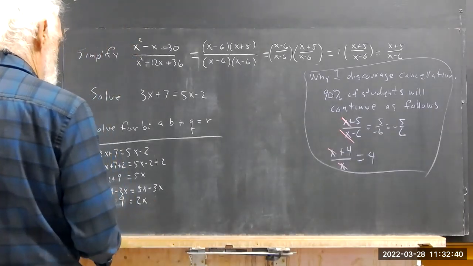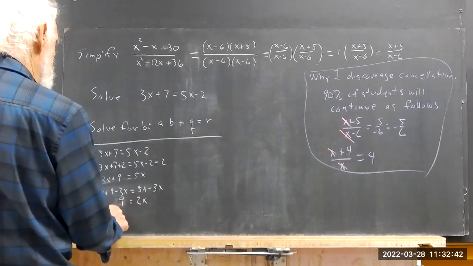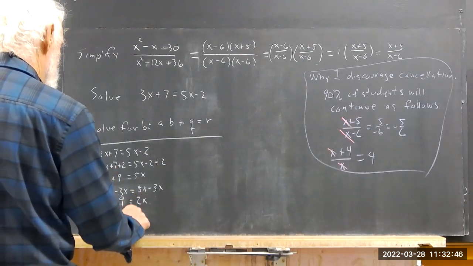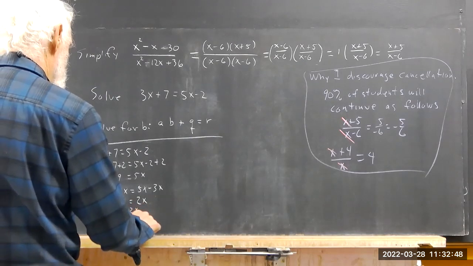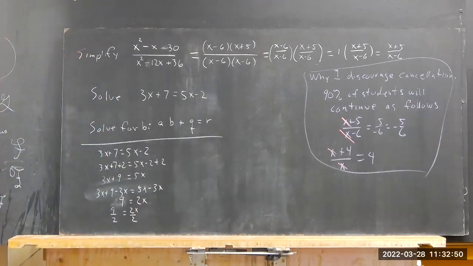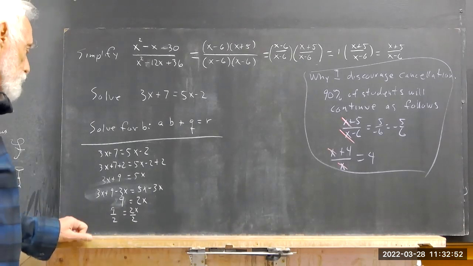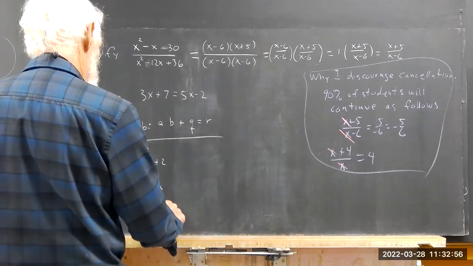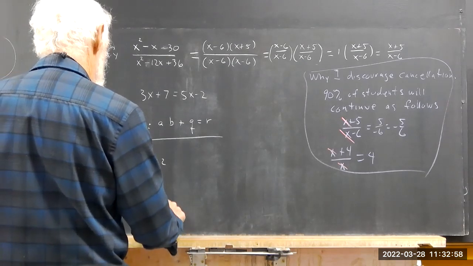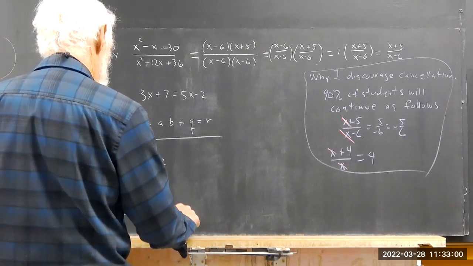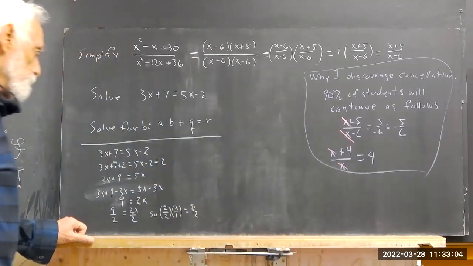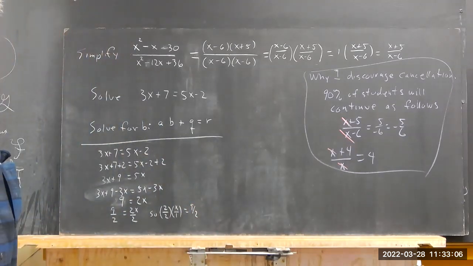Okay, so what do we do now? Well, we want to get x. We divide both sides by 2, because this gives us this, right?